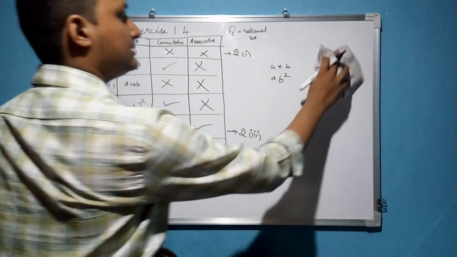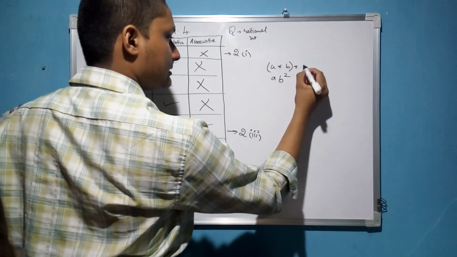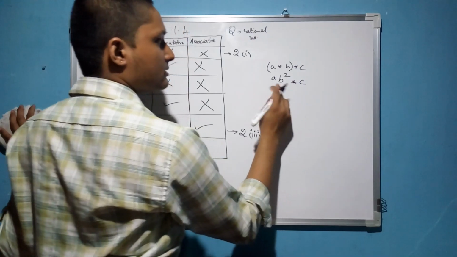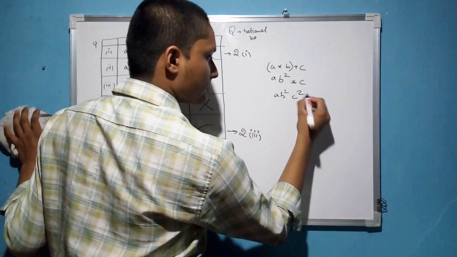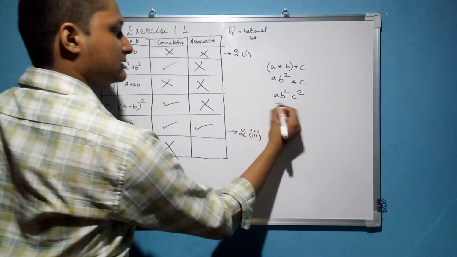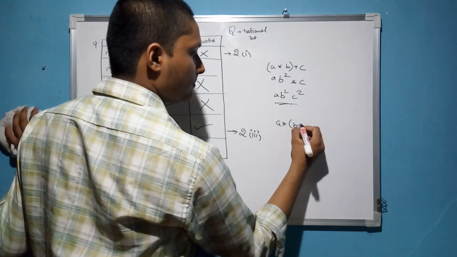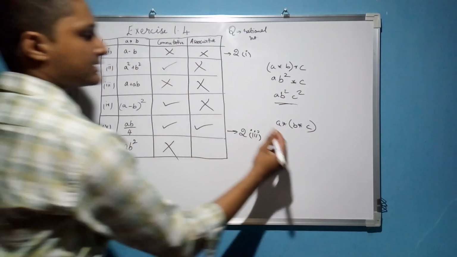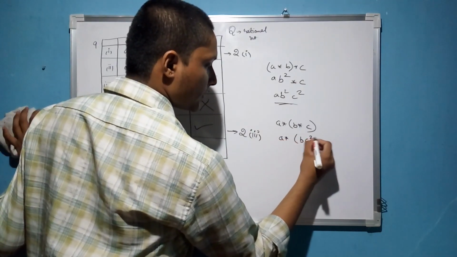Now we're going to the second part, that is a star b star c, that's a b square star c. So first into second square, that is a b square c square. Okay, that is the first one. Second one is a star b star c, that is first into second square, a star b c square.